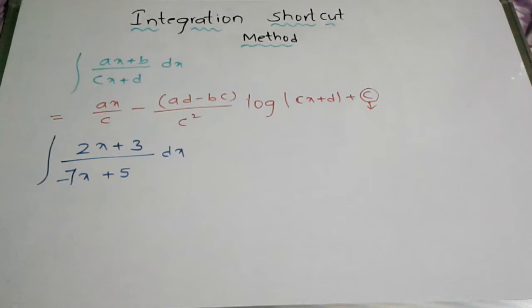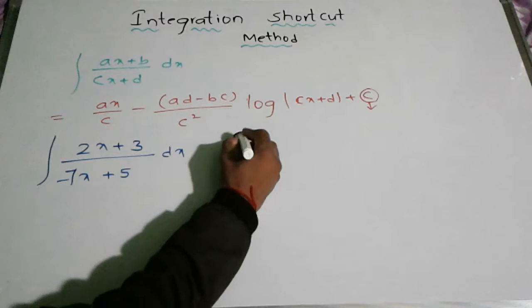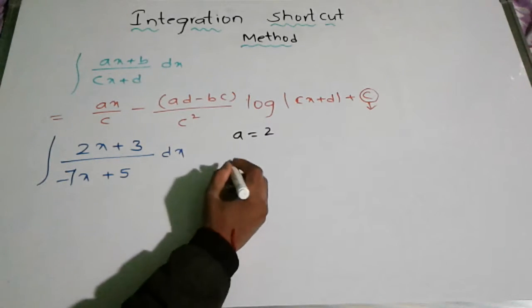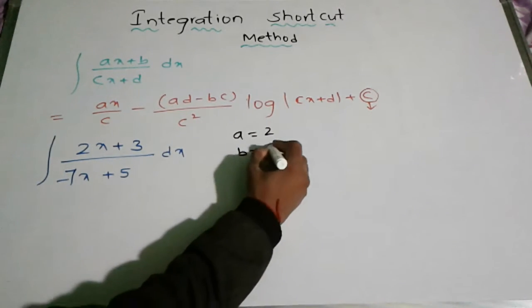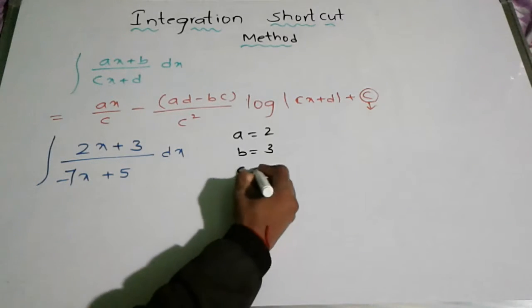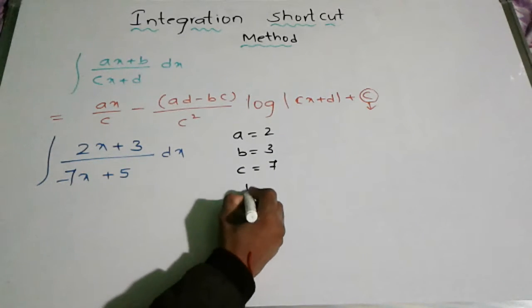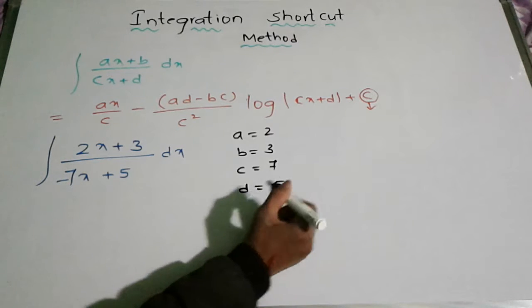Here a equals 2, right, and b equals 3, and c equals 7, and d equals 5, right?